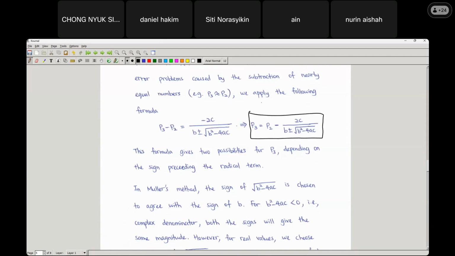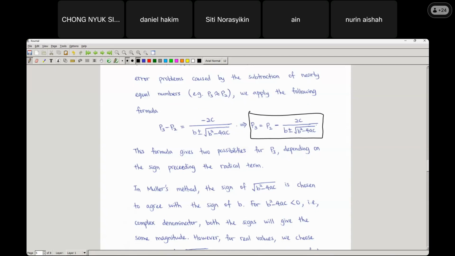Here they apply a little bit of the concept of the quadratic formula, which you are familiar with: minus b plus or minus the square root of b squared minus 4ac, over 2a, but this one is kind of upside down.